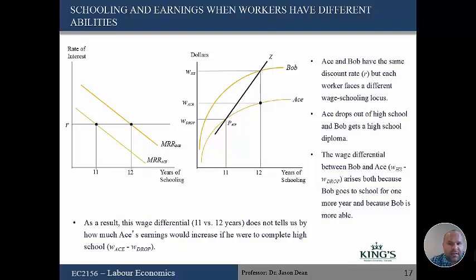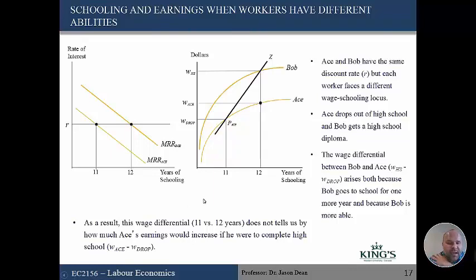As I said, the difference between the wages of Bob and Ace are due to the difference in years of schooling, but also due to differences in ability. So there's a trouble here disentangling the two. The wage differential does not tell us by how much Ace's earnings would increase if he were to complete high school. We don't know what this point would actually be.